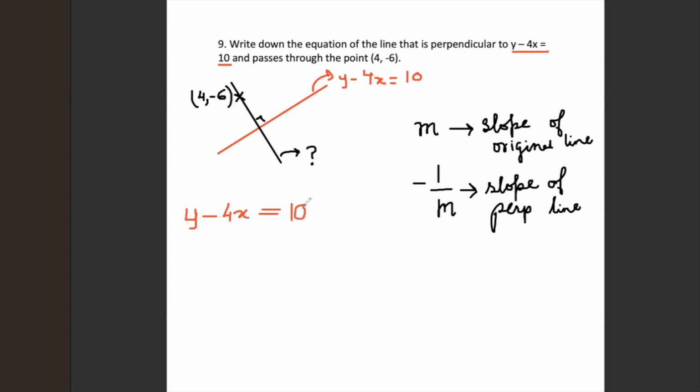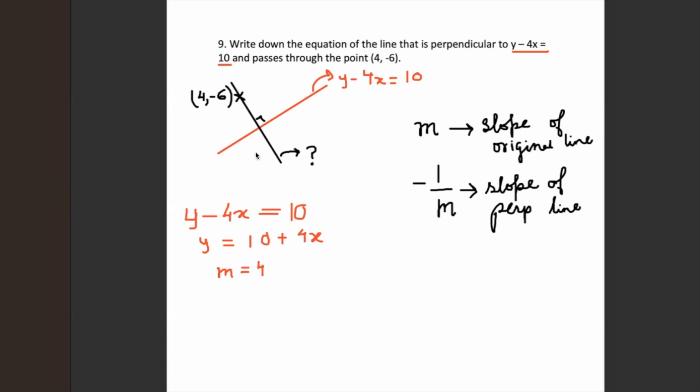So we have to move the minus 4x to the other side. So we do a plus 4x there when it comes to the right-hand side. So y equals 10 plus 4x. So here our slope is 4.